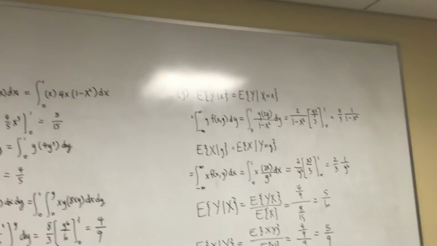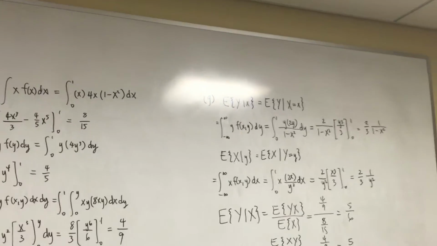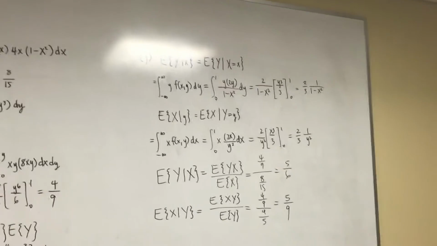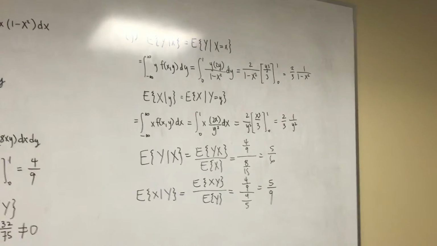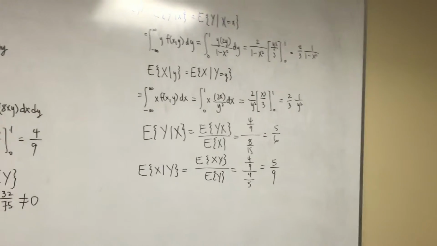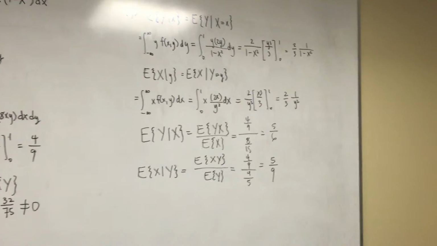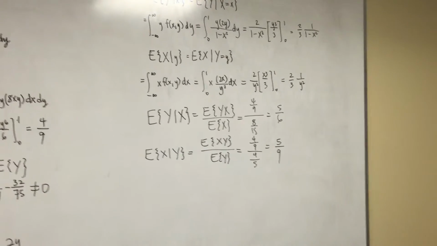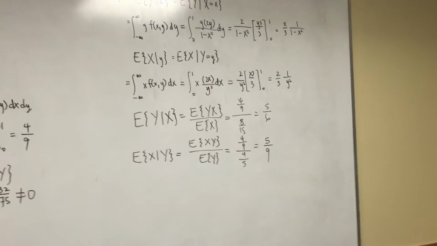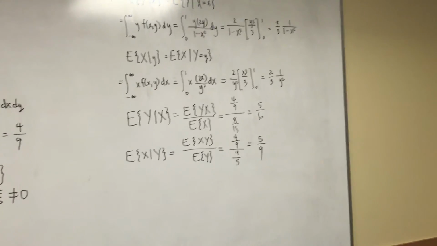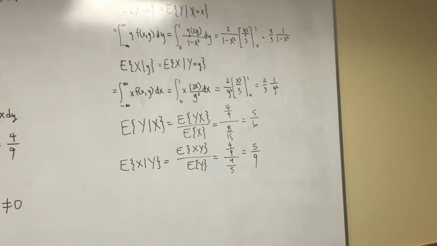And lastly, part G asks us to find the conditional expected values. The expected value of big Y given small x is found using the formula y times the conditional density, and then you do the integral with respect to dy with the bounds from 0 to 1.